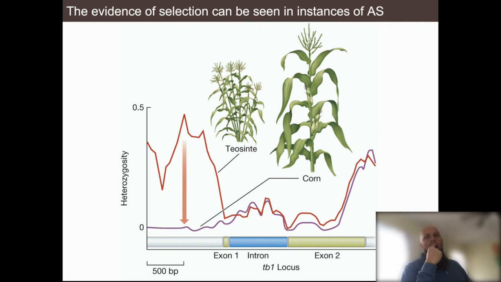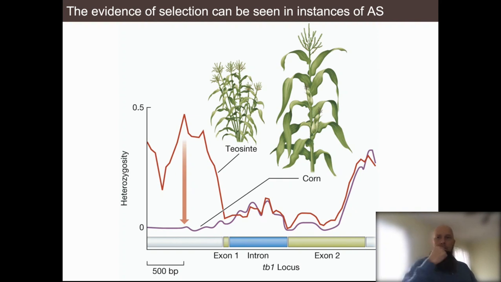Now, if we look down below, you can see those rectangular bars, light blue, green, dark blue, darker green. That's a portion of a chromosome in the corn and teosinte genomes, a gene region that has an intron and 2 exons.